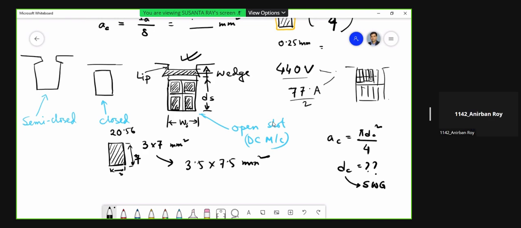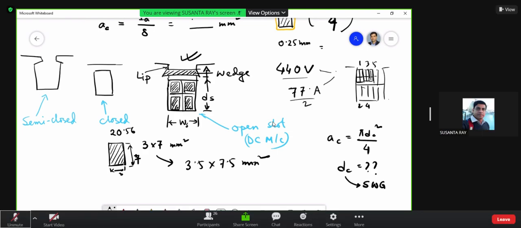Sir, can you repeat once again, please? Suppose you have 1, 2, 3, 4, 5, 6, 7, 8, so 8 conductors per slot. Now what you have done, one conductor you are splitting into 4 parallel conductors.